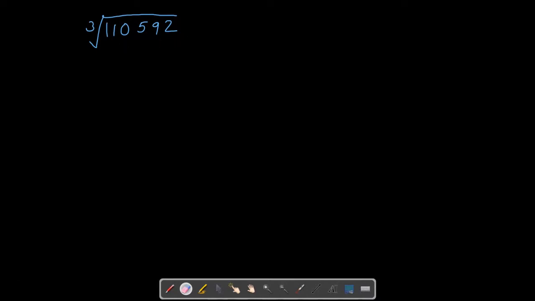From the last I'm taking three digits, this is my first partition and this is my second partition. Now in 592, 2 is my last number. When we have a 2, we know that the cube root value of this would be 8. We have already seen that. So this would be 8.